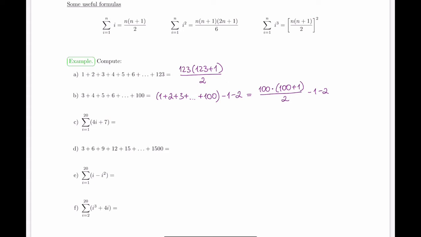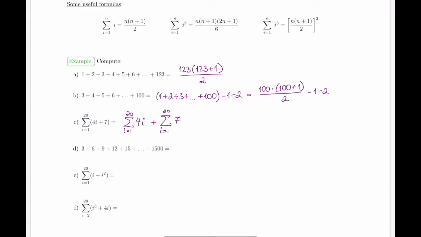Let's take a look at this one. So now I have, it starts from 1, which is good news. I won't have to arrange the first term to be different. It goes up to 20. But what I have inside isn't just the sum of the numbers, it's 4i plus 7. So before I can apply any kind of formula, I have to break this sum up. So let's see, I can go from 1 to 20 of 4i plus the sum from 1 to 20 of 7.